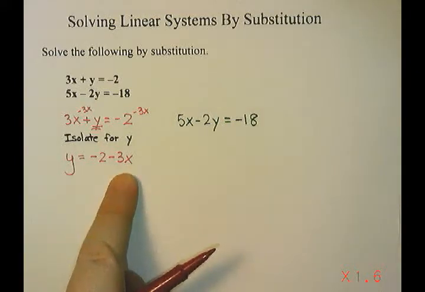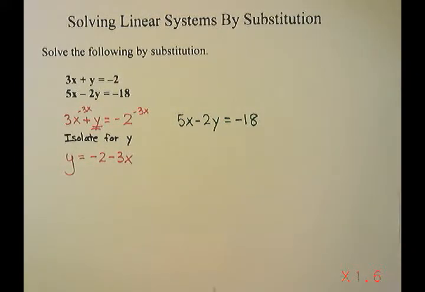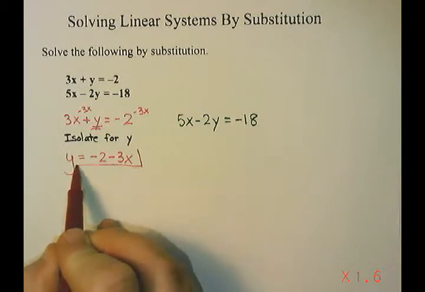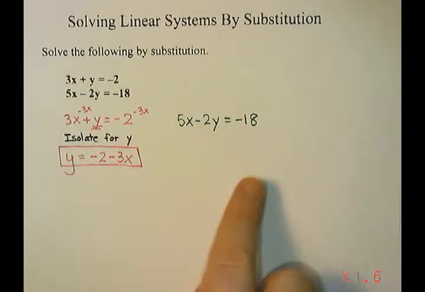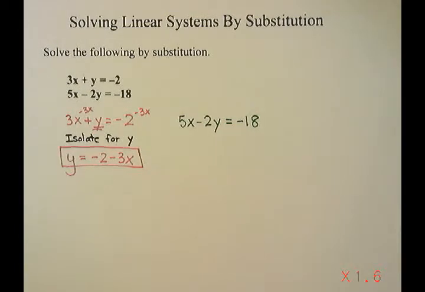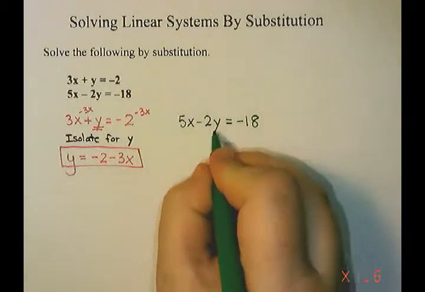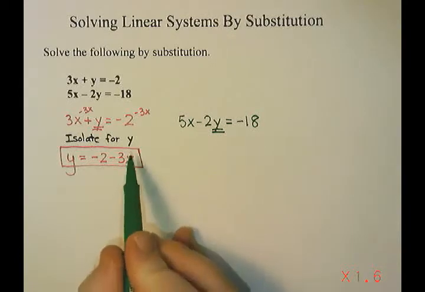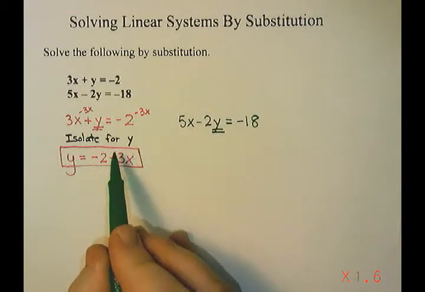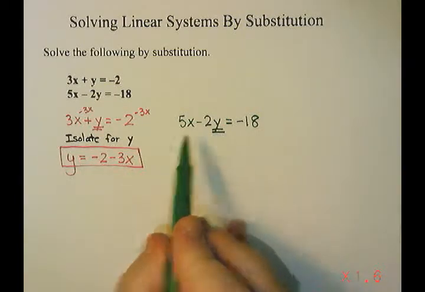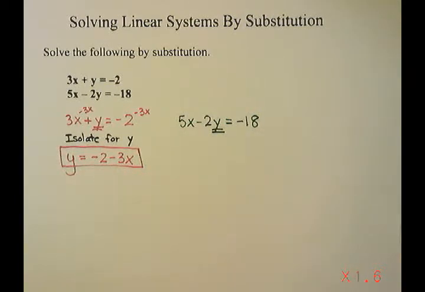So what I want to do, this is the substitution part, is take this equation here, y equals -2 minus 3x, and in the other equation, everywhere we see a y, we're going to put in -2 take away 3x. We're going to substitute in the value of y, which is -2 take away 3x.